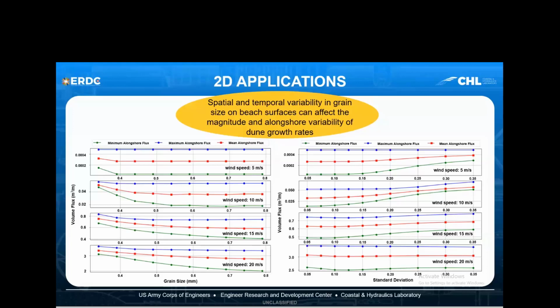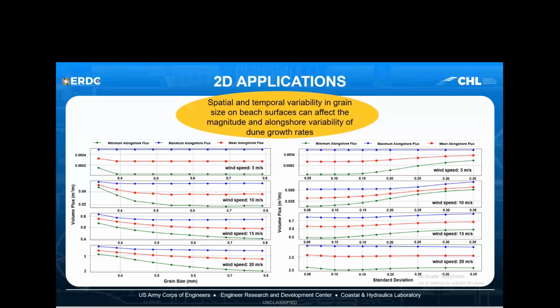And as we're increasing that overall grain size, you can see that it's increasing the range between the minimum and the maximum calculated alongshore volume flux. The volume fluxes were calculated along the 3 meter dune toe, and then we found the minimum and the maximum, as well as the mean volume flux along that 3 meter contour elevation.